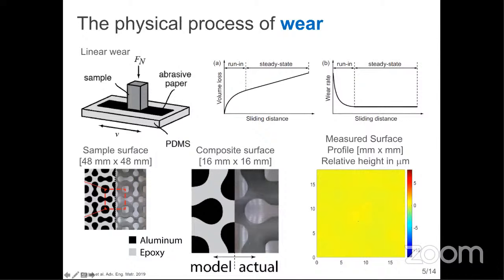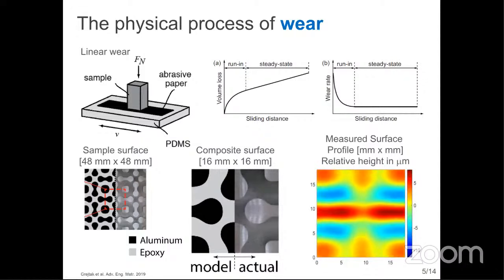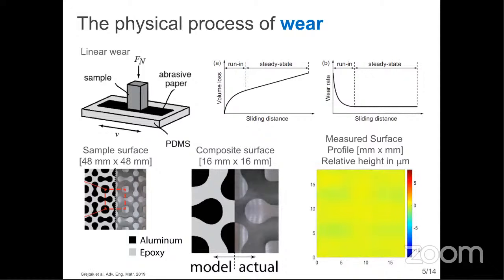So taking an example from our experimental work in our team, we have a composite surface. It is a metal polymer, so aluminum in black and epoxy in gray. I'm going to zoom in at the center unit cell of this periodic composite. And what you see is that during wear sliding, the surface profile was measured, and a movie of the relative height map is shown on the right.